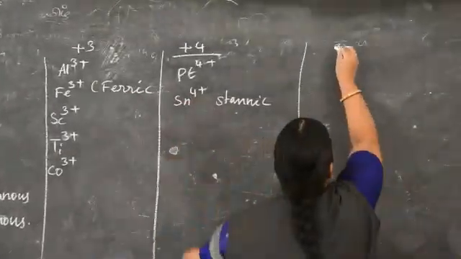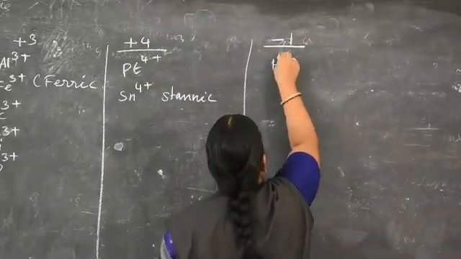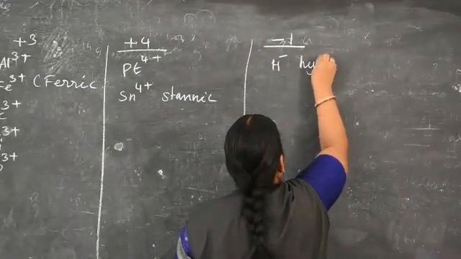I write few only. So minus 1, valency minus 1, H-, called as hydride.